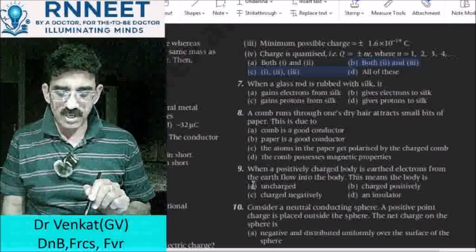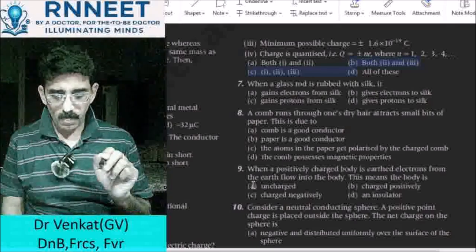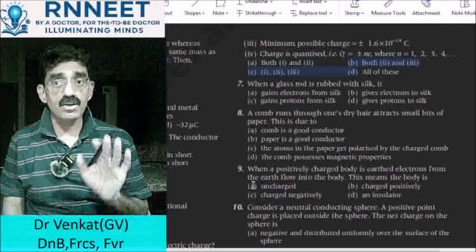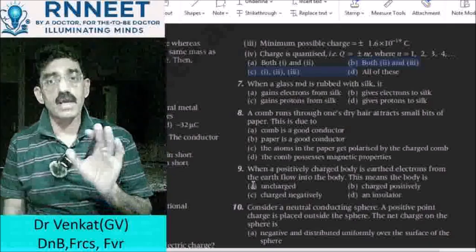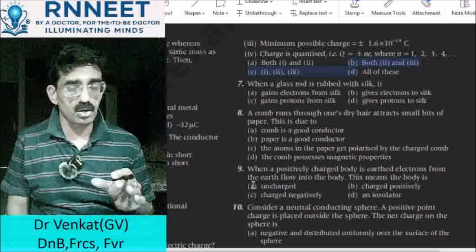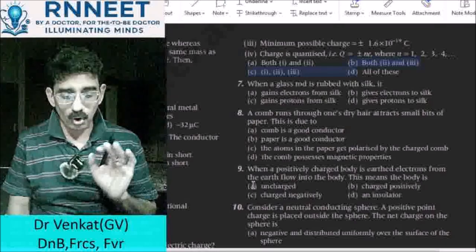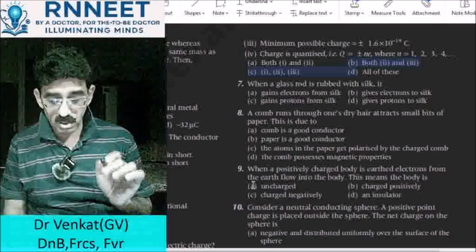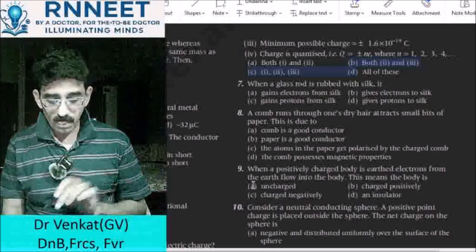When a positively charged body is earthed, we know what earthing is. Earthing basically means the removal of electrons so that the electrons can flow down to the earth. The shock is avoided. When a positively charged body is earthed, what happens then?